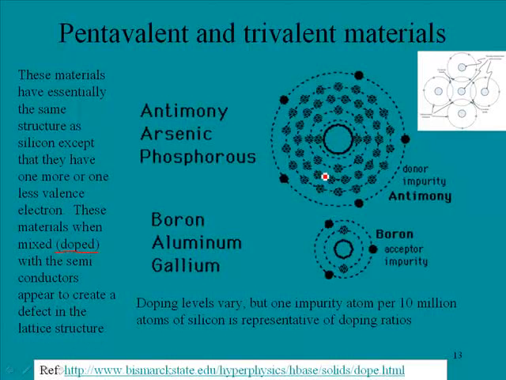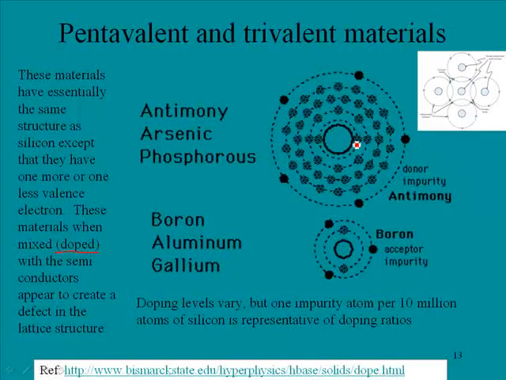And so here we have a pentavalent atom, and you'll notice that there are 5 electrons in the outer valence shell. Now this is a trivalent atom here, and you'll notice that it has 3 electrons in the outer valence shell. Now you'll recall from a previous lesson we saw that pure silicon, in its lattice structure like this, had 8 electrons in its outer shell.